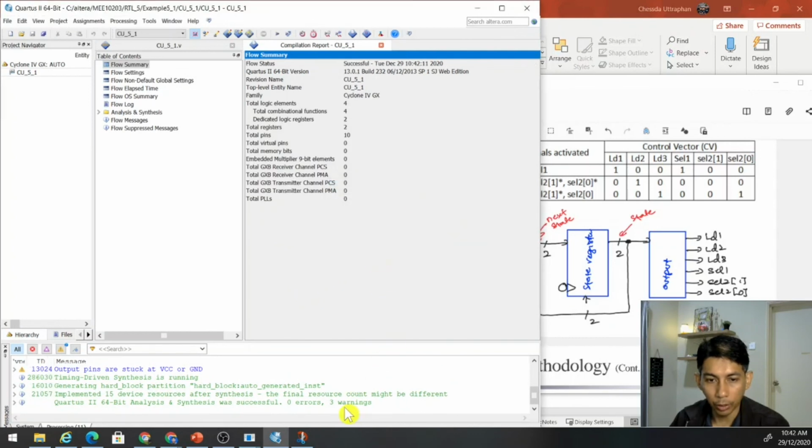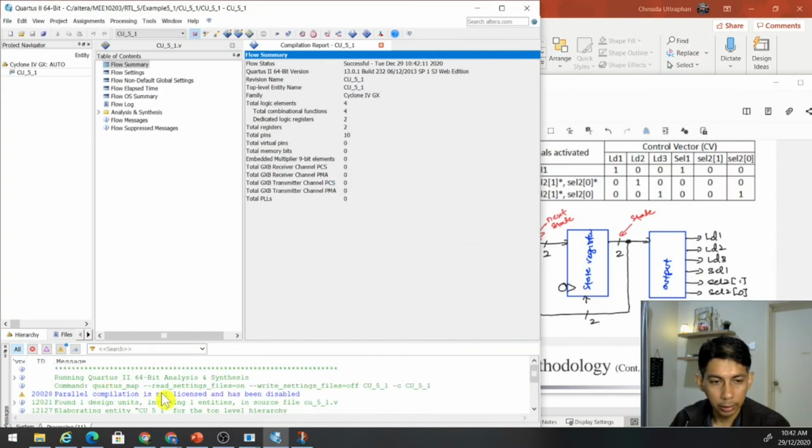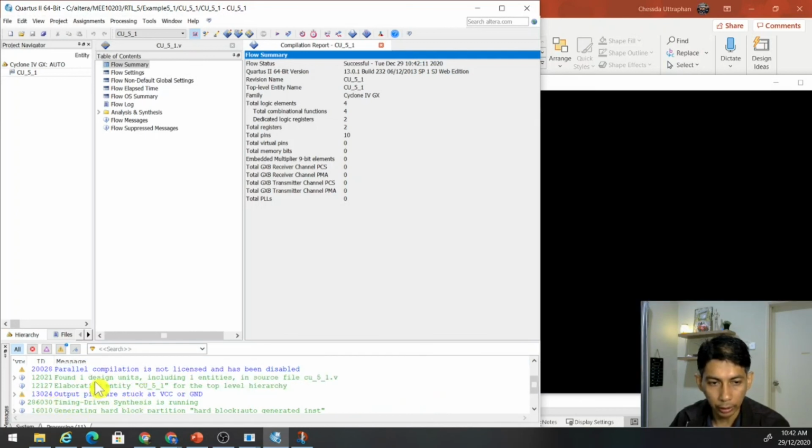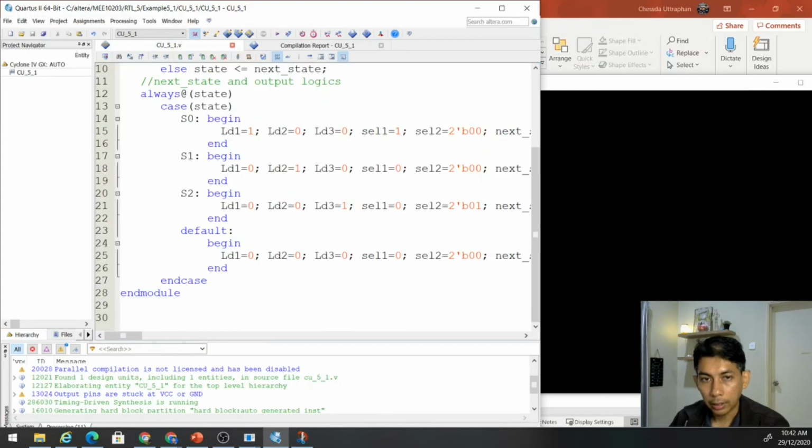Okay, now we have 3 warnings. All right, again we have 3 warnings, and we should have a look at these warnings. The first one is the license, and output pins are stuck at VDD or ground, which means that there are outputs that are always 0 or always 1. So we need to know which one, and whether this is okay or not.